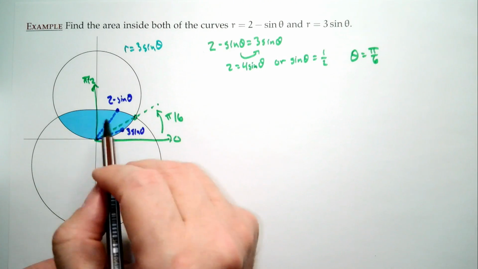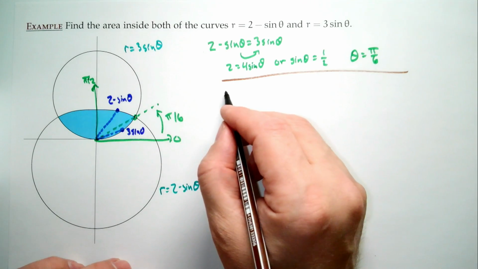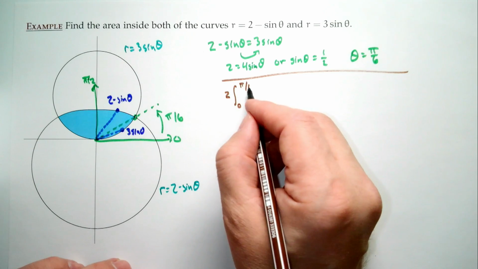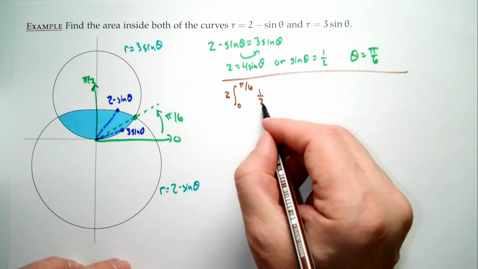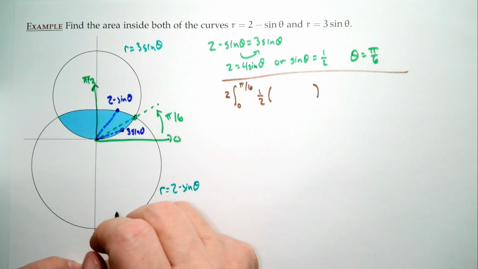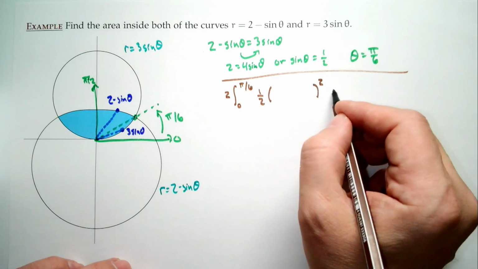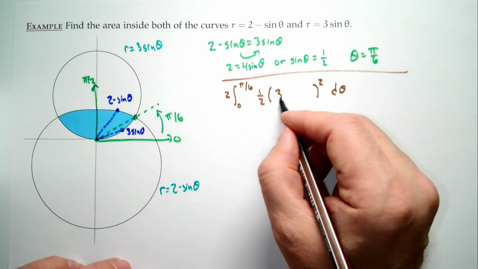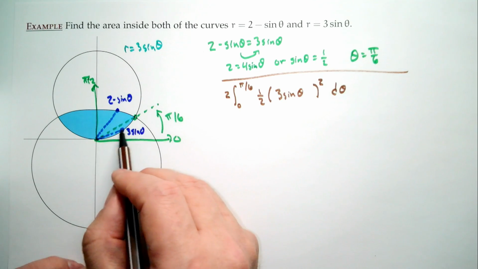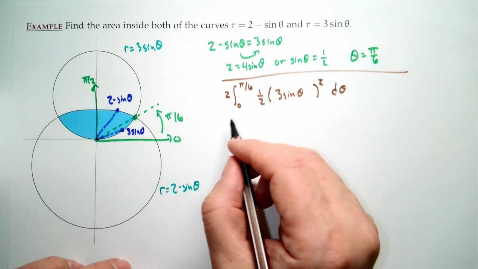All right, so we set ourselves up. Remember, we're going to double because of symmetry. So we start with our first piece: double, 0 to pi over 6, times 1/2. And what's our curve? It's the 3 sine theta. If we're between 0 and pi over 6, the curve we hit when we come out is the circle, r equals 3 sine theta.